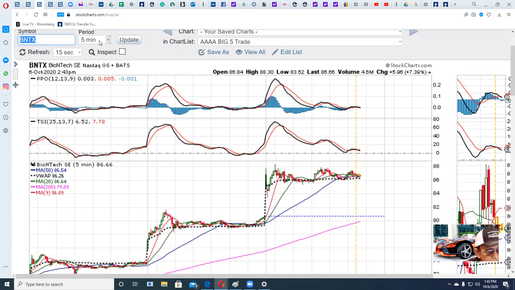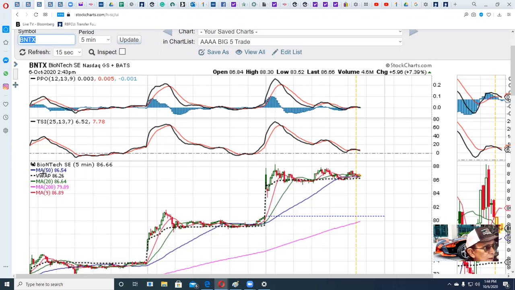So I'm going to give you first the settings of the chart. This is the type of setting whether I'm using day trading or investing for weekly, daily or weekly chart.